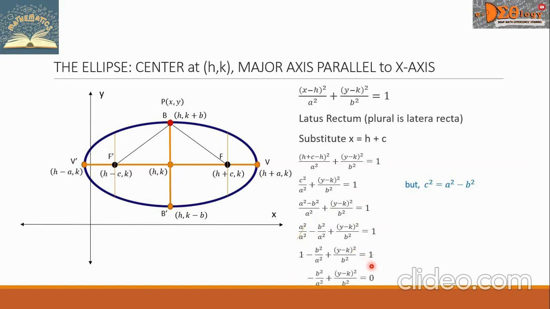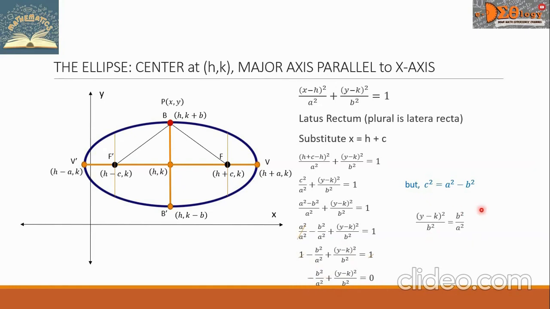So what we have now is negative b squared over a squared plus this fraction here, all equal to 0. Now let us solve for y. This constant here, we're going to transpose to the right side. So from negative, it becomes positive.